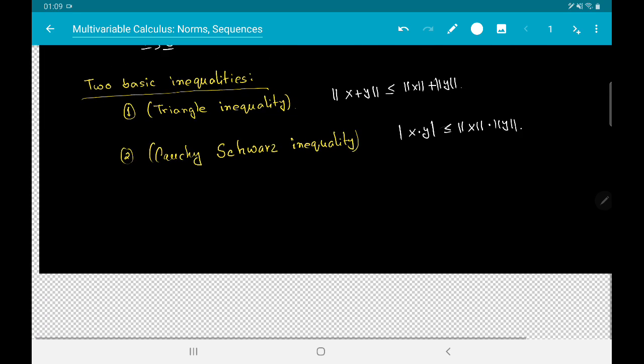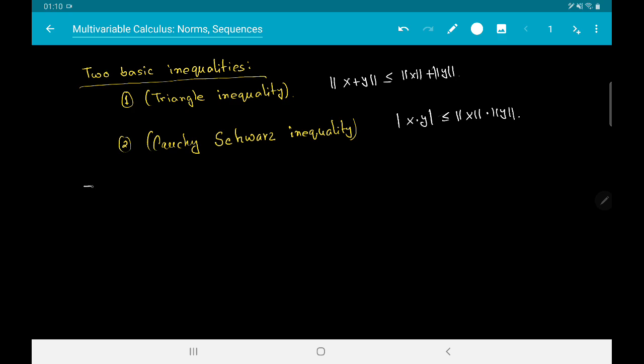Okay, a couple more definitions. Suppose we have x and y, two vectors in Rm.